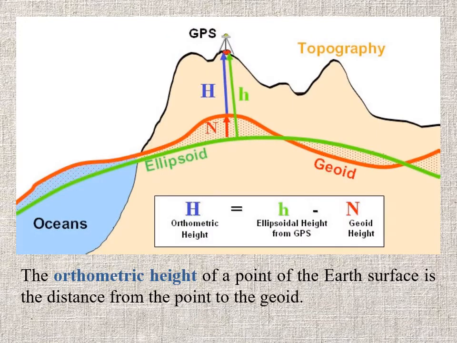Now, coming to the different reference systems, reference surfaces, by which different mathematical calculations are done. We came to know from the very preliminary concept of the flat earth, then the square earth model, then comes the elliptical earth.